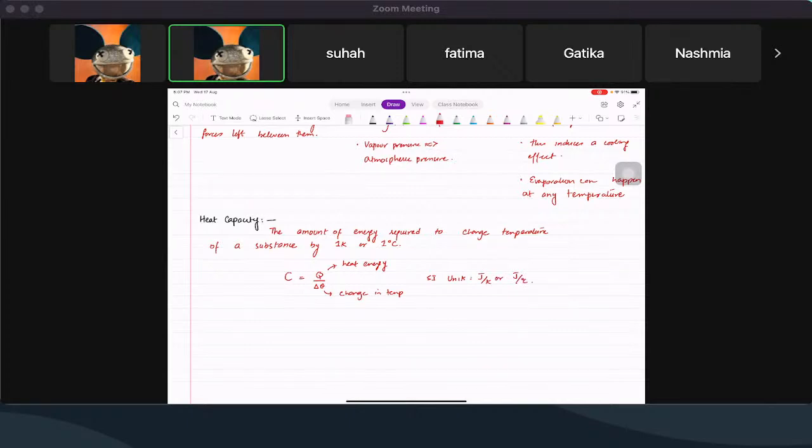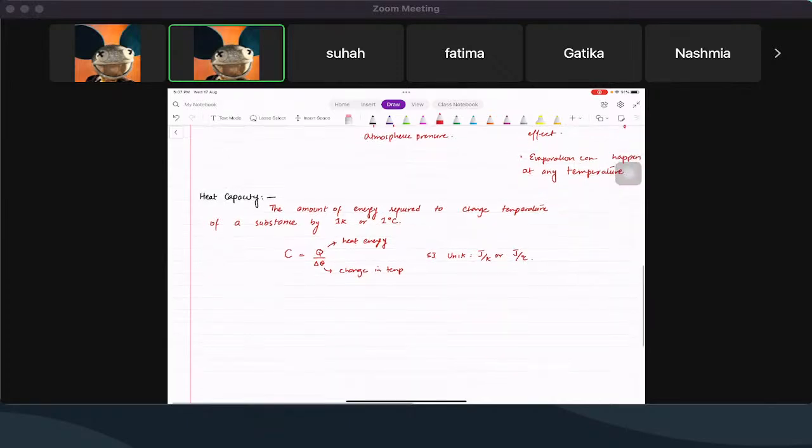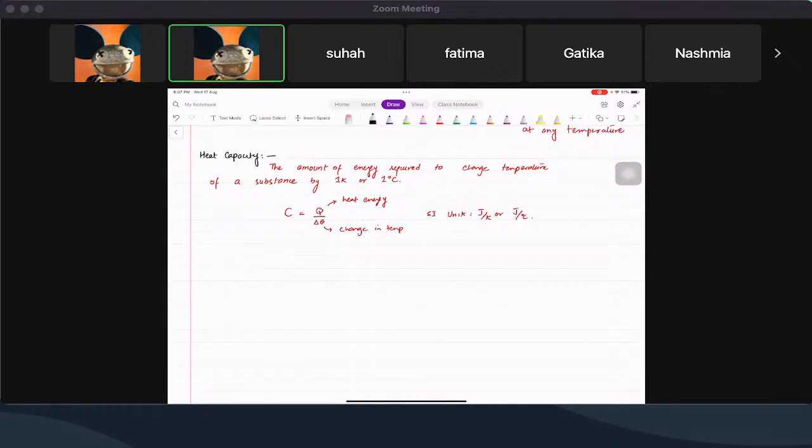Now, when we involve the mass in anything, so basically we're making it specific. Look at specific heat capacity.